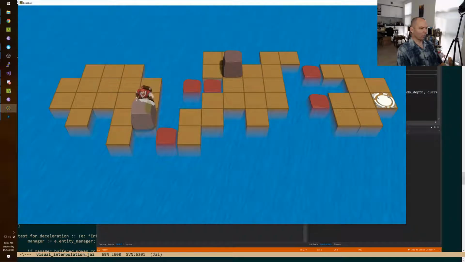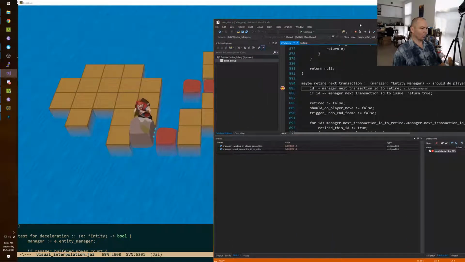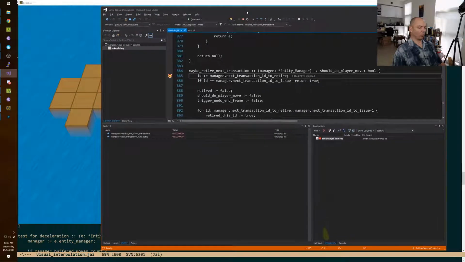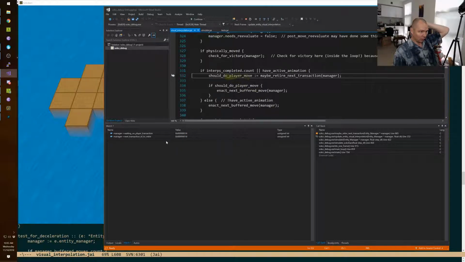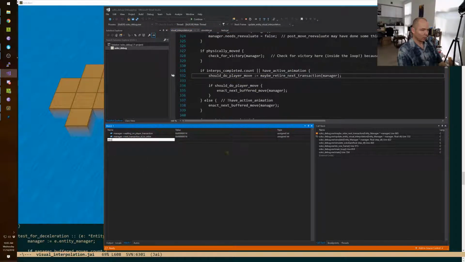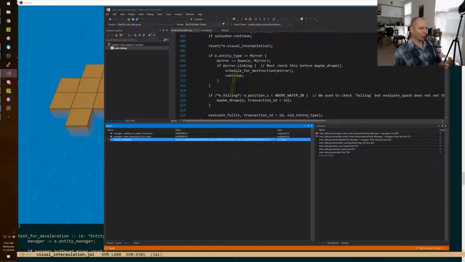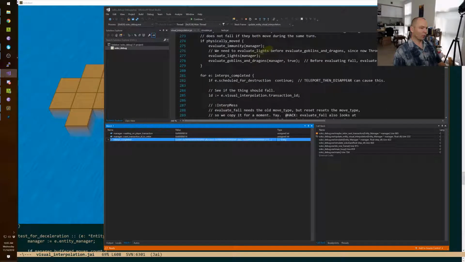Okay, so there we go. I wouldn't have expected us to get this right here. Have active animation must get set every frame. That's going to make it more annoying.